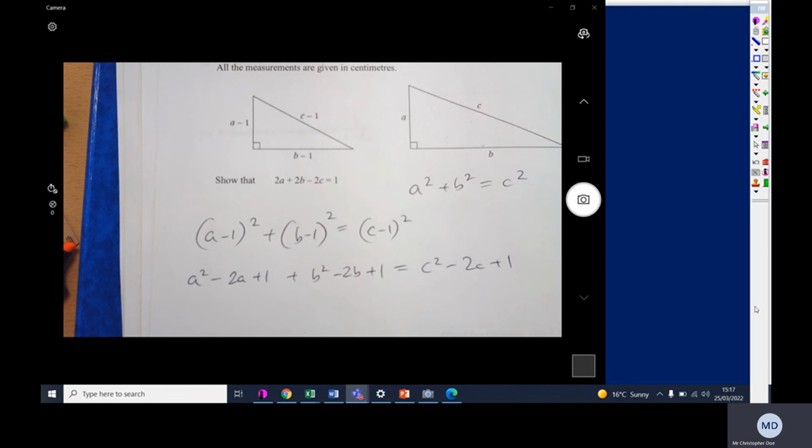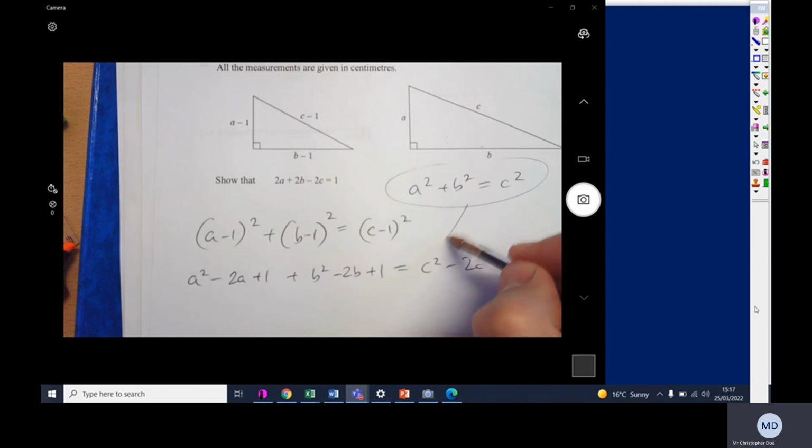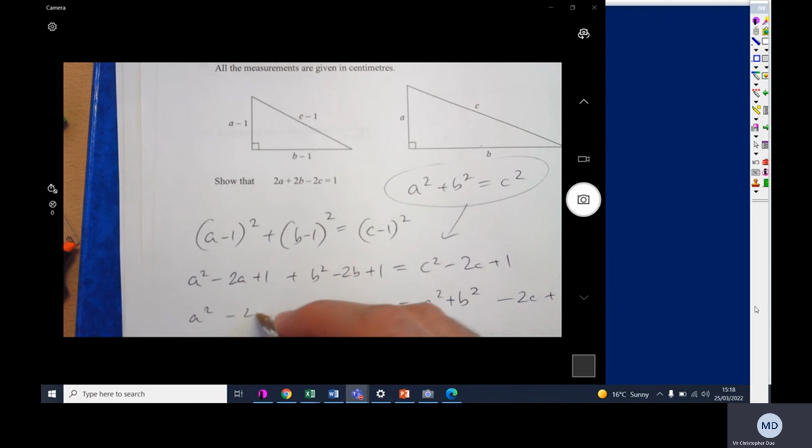Now, if I use this one in this one, well, I know that c squared is a squared plus b squared. So if I do this side as a squared plus b squared minus 2c plus 1, and over here I've got a squared minus 2a plus 1 plus b squared minus 2b plus 1. There's a lot of a's and b's and c's.